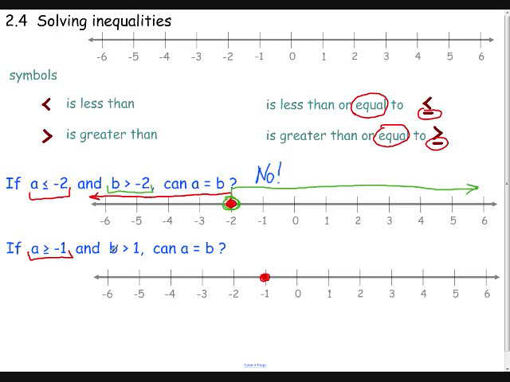This time it's greater than, so we're going to go from that boundary to larger numbers. And then our B, our boundary is at 1, and it does not include 1, so it's an open dot. And it's everything greater than 1.